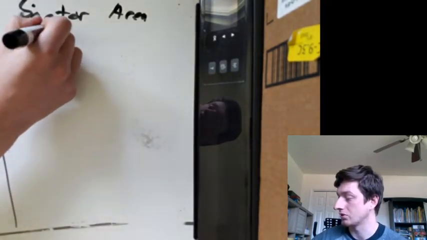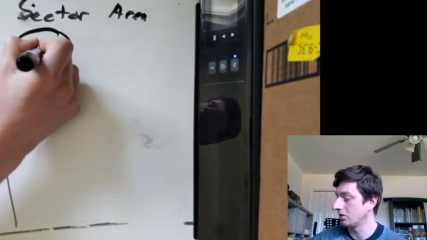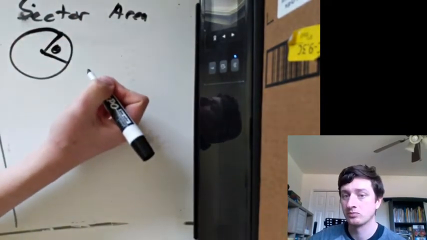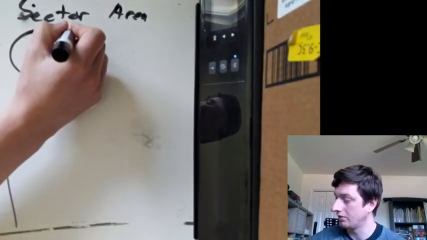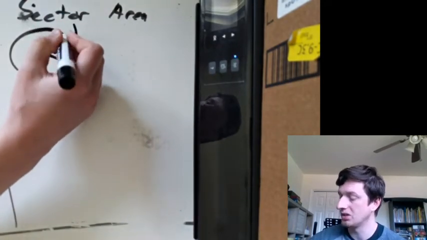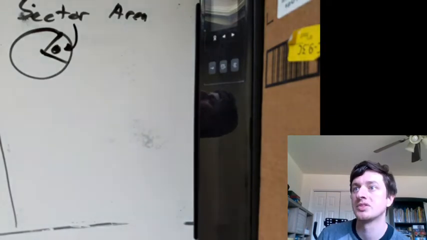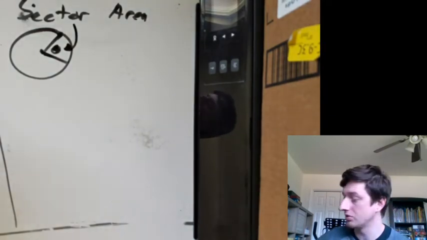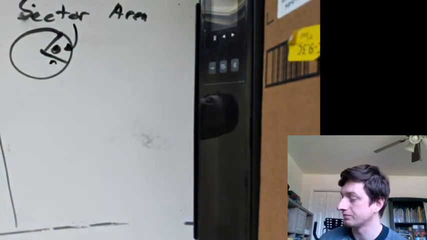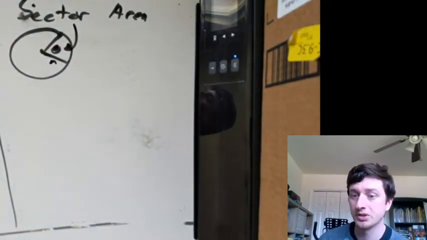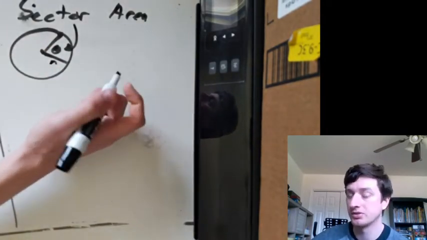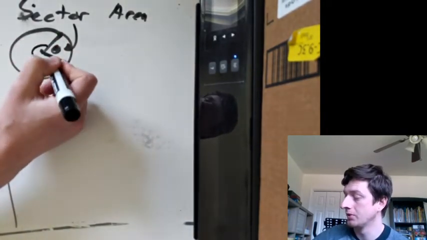So we have our circle, and we have some angle, theta, and we want to find the area of this piece of the circle, the sector. Remember, the total is 360 degrees.